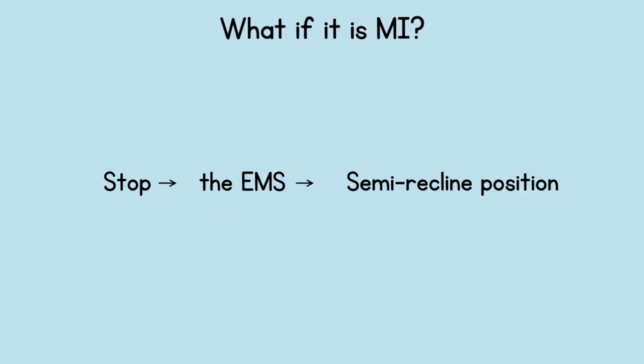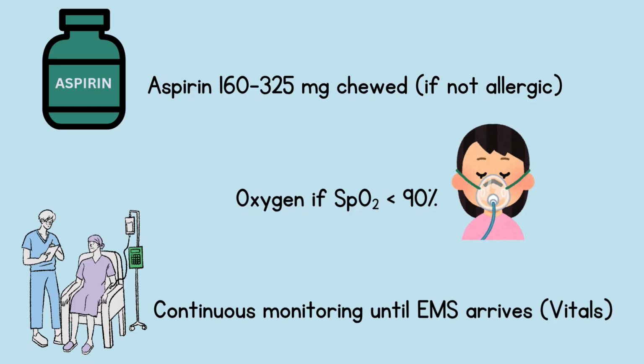What if the patient is actually having a myocardial infarction? The initial management is very similar. Stop the procedure immediately. Activate EMS. Place the patient in a semi-reclined position. While waiting for emergency medical services, administer 160 to 325 milligrams chewable aspirin, provided the patient is not allergic and there are no contraindications.